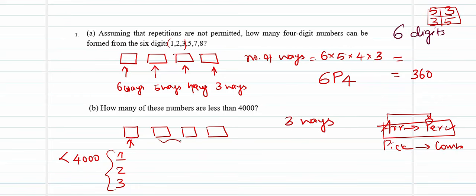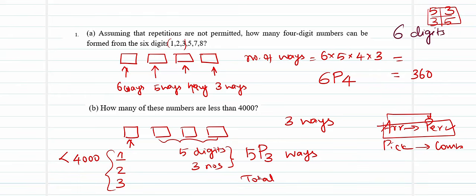Now coming to the remaining boxes. Out of the 6 digits, 1 digit has gone and the remaining 5 digits are there. And how many digits do I need? I need 3 numbers out of them. Now this can be picked in 5P3 ways. So the total number of ways will be the first digit done in 3 ways and the remaining 3 digits done in 5P3 ways.